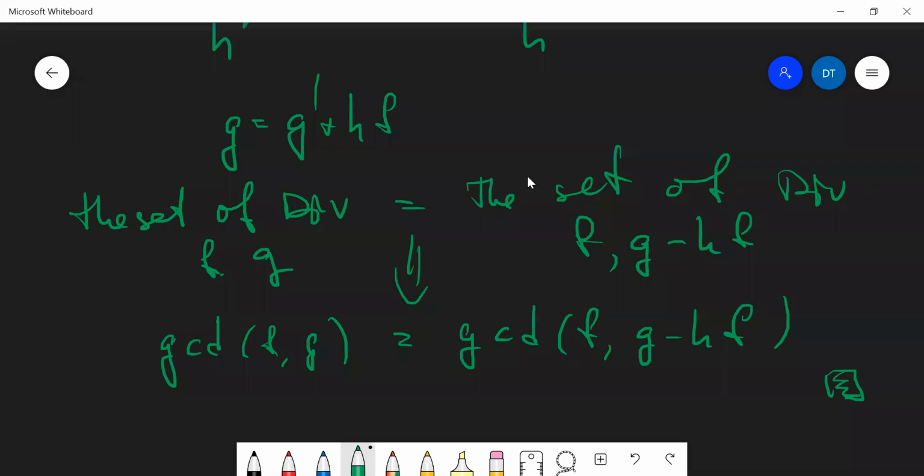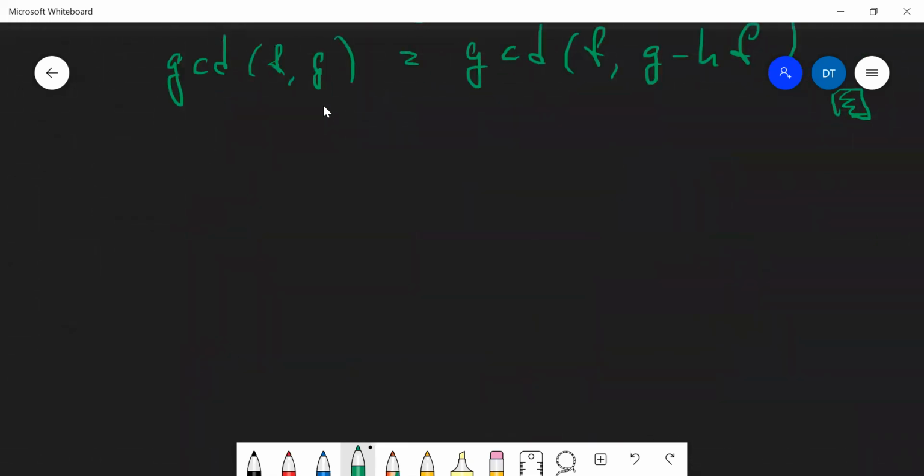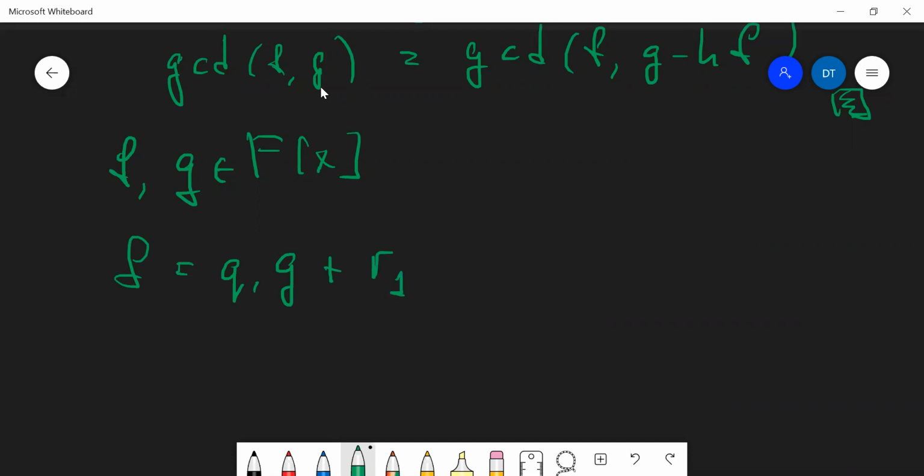Now, how do we compute a greatest common divisor using this observation? First of all, if we're given two polynomials, we can do this. We can divide f with a remainder by g.